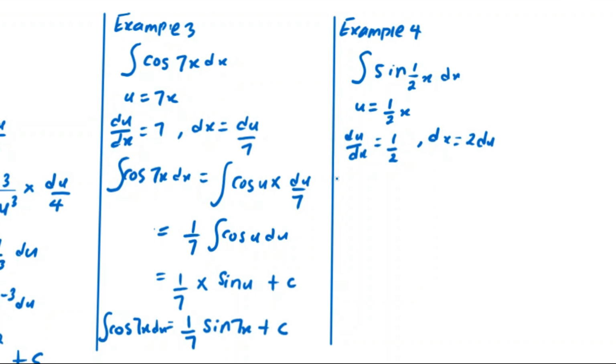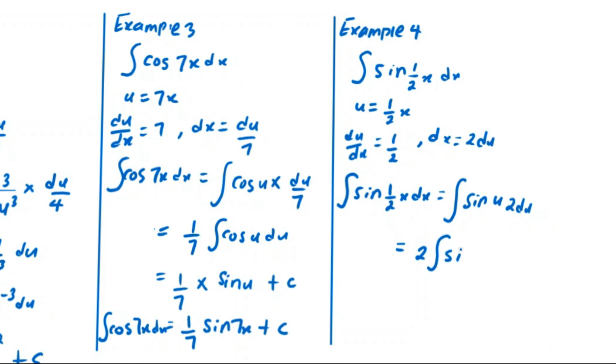So what it therefore means is that the integral of sine half x dx is now equivalent to the integral of sine u, multiplied by dx, which is now 2 du. So we can factorize the 2 out. That will be 2 integral sine u du.